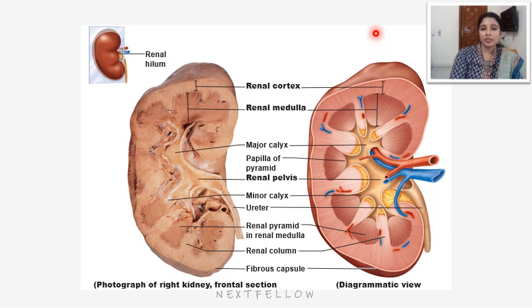The renal pyramid along with its covering cortical tissue forms each lobe of the kidney. And minor calyces receive urine from the collecting tubules and empty into 2 or 3 major calyces. You can see one here, 2 or 3 major calyces, and major calyces in turn empty into the upper dilated part of the ureter, which is called the renal pelvis.